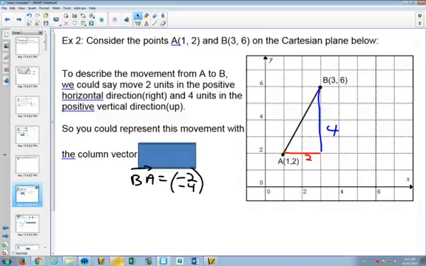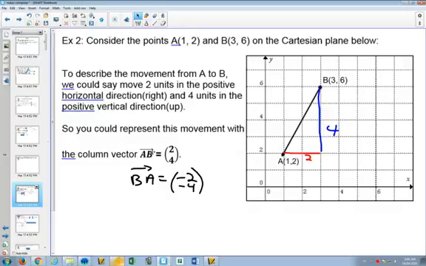Vectors is concerned about where you start and where you end and looking at those things. So if we start at A and end at B, we've gone 2 units to the right and then 4 units up, and we could write that as a column vector 2, 4.